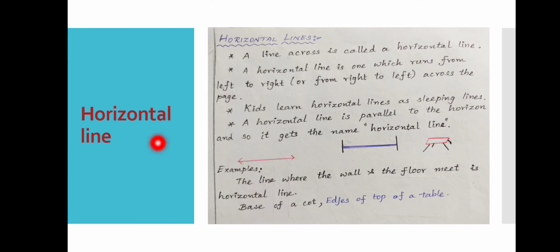Next, horizontal line. A horizontal line is parallel to the horizon, and so only it gets the name horizontal line. Simply we can say a line across from left to right or right to left is called a horizontal line.